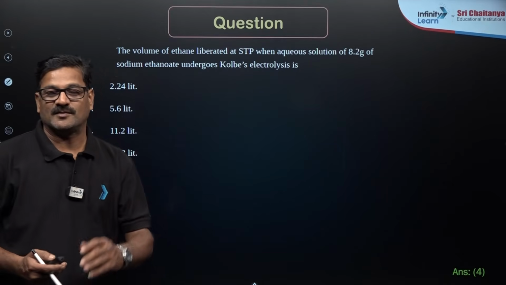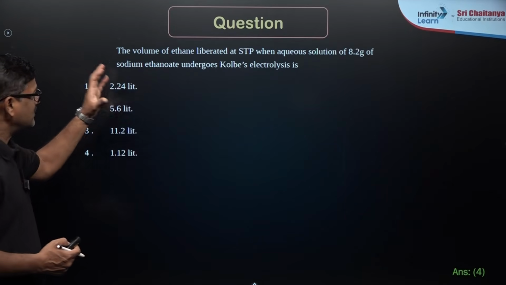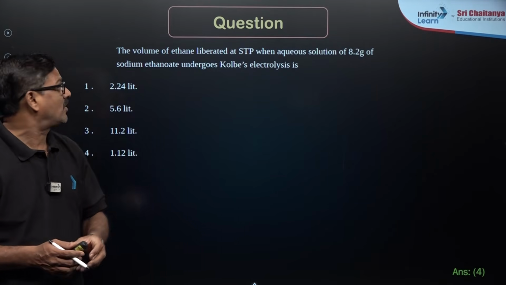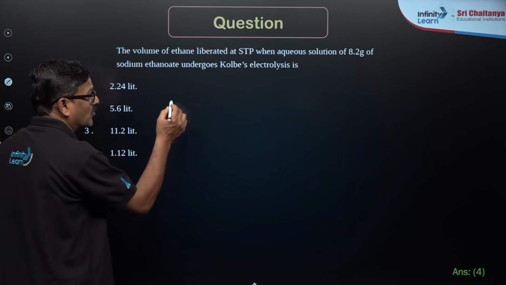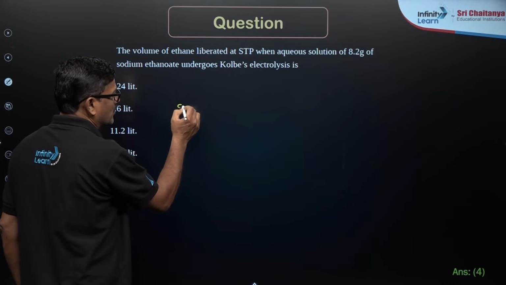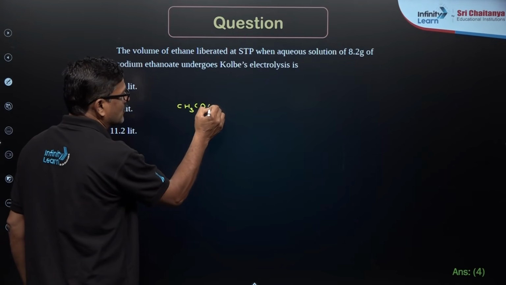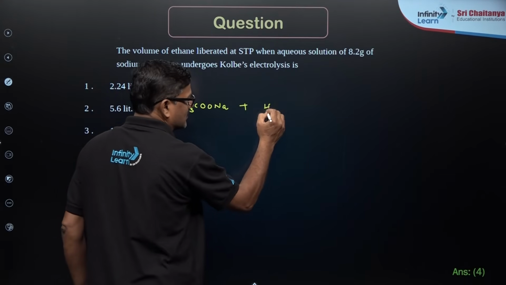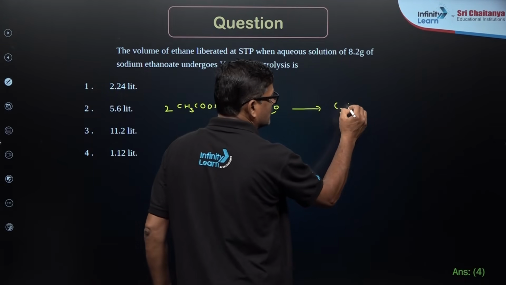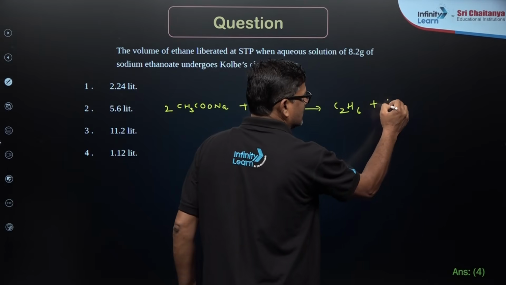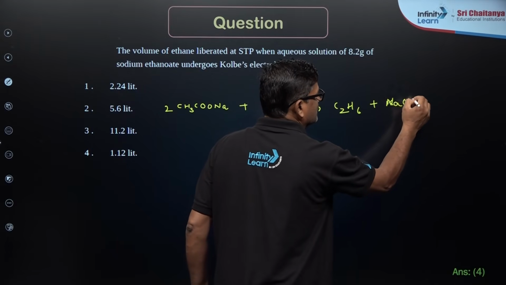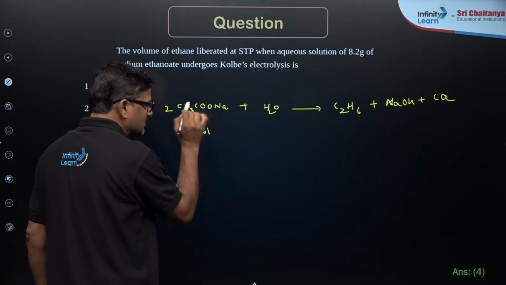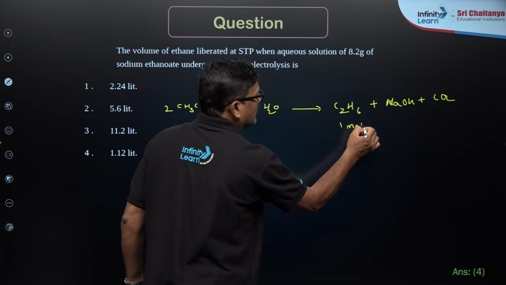Students, this question is from Kolbe's electrolysis. The question is asking the volume of ethane liberated at STP when an aqueous solution of 8.2 grams of sodium ethanoate undergoes Kolbe's electrolysis. So sodium ethanoate, CH3COONa, 2 moles on electrolysis, is going to give rise to C2H6 plus NaOH plus CO2. Now you can see 2 moles of this can give rise to 1 mole of this.